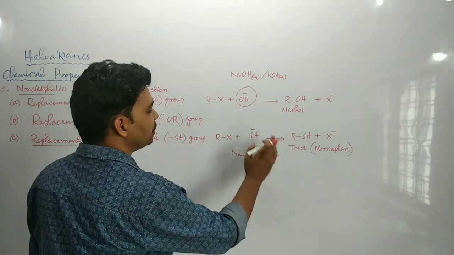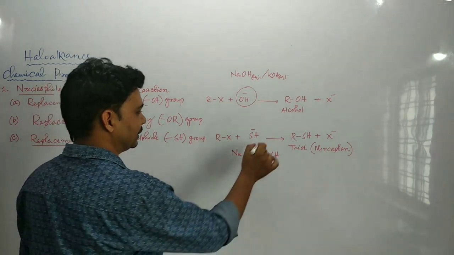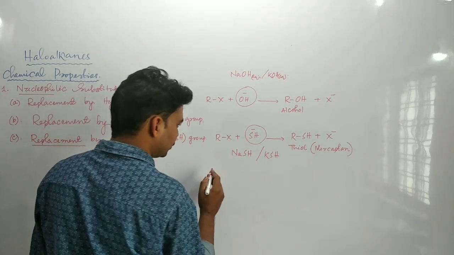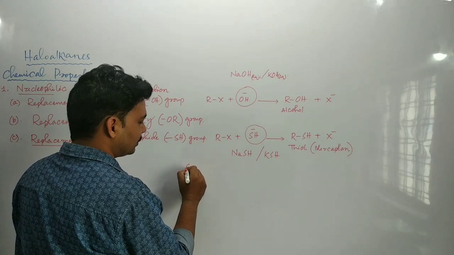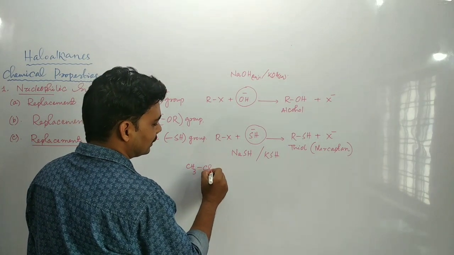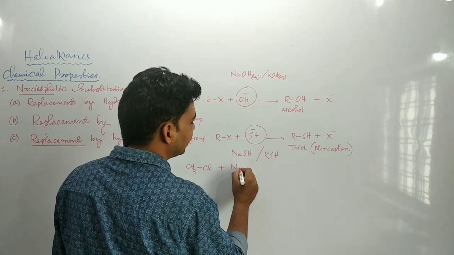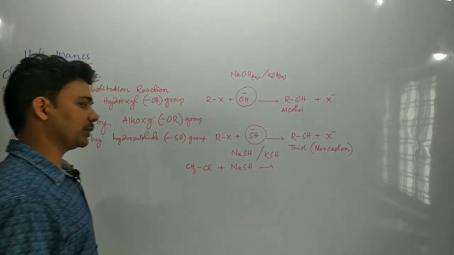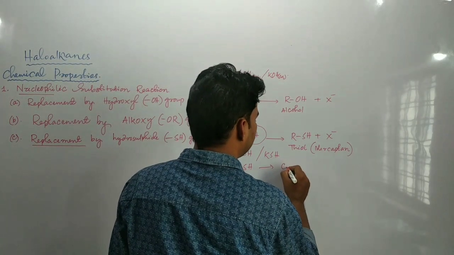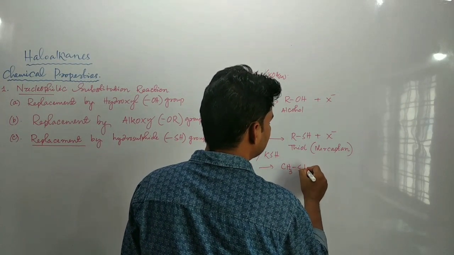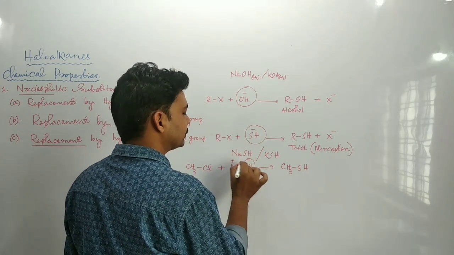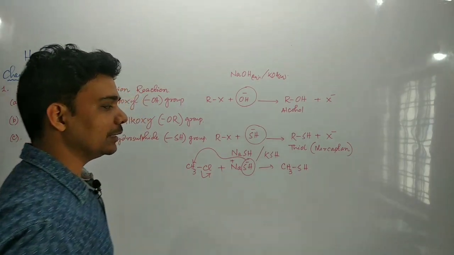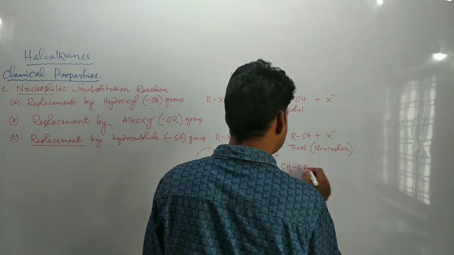Any of these solutions may be used with alkyl halide in order to generate this nucleophile. So let me use NaSH in one example. Let us consider CH3Cl. When it is treated with sodium hydrogen sulfide, or sodium hydrosulfide, we will get CH3SH.